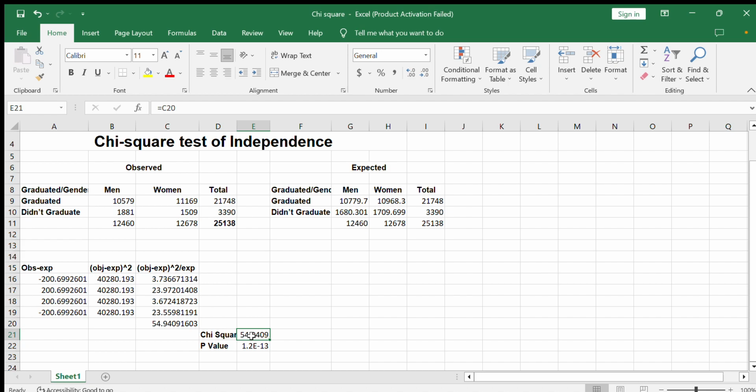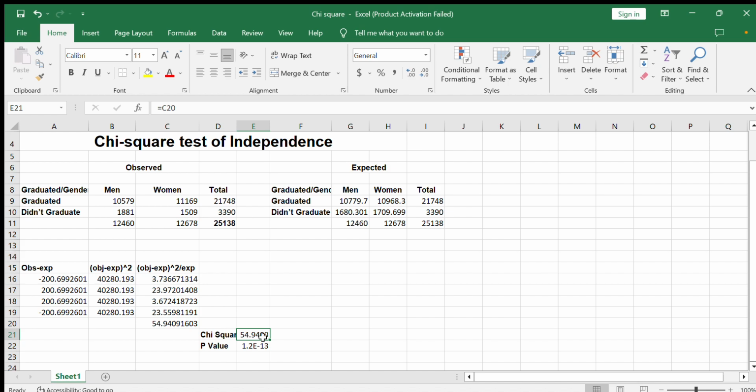I will explain how to obtain table values later. Now you will compare this calculated Excel value, which is 54.94092. Is it higher than the table value, which is 3.84146?